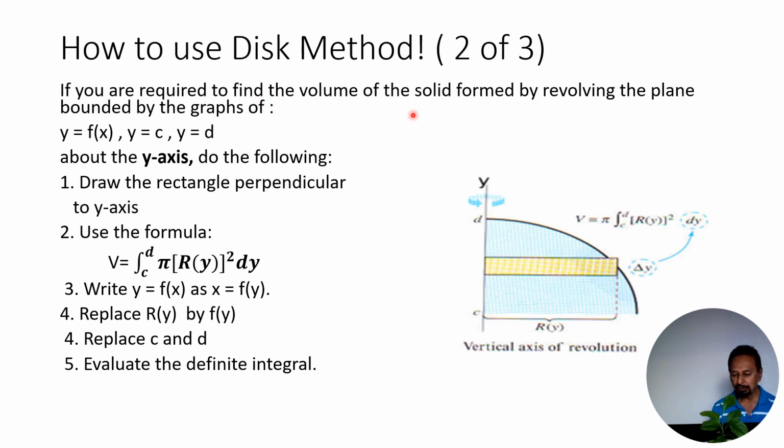If you are required to find the volume of a solid of revolution by revolving the region bounded by the graphs y equal to f of x, y equal to c, and y equal to d about the y-axis, then draw the rectangle perpendicular to the y-axis in the region. Use the formula V equals the integral from c to d of pi times r of y squared dy. Write y equal to f of x as x equal to f of y; in other words, you are given y equal to f of x, so you solve for x as a function of y.